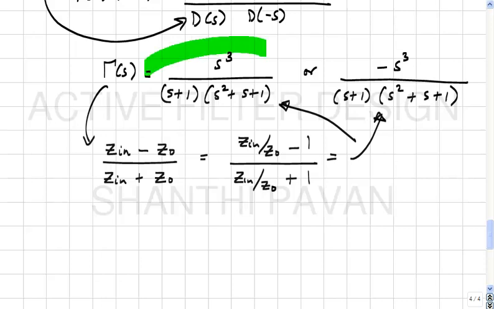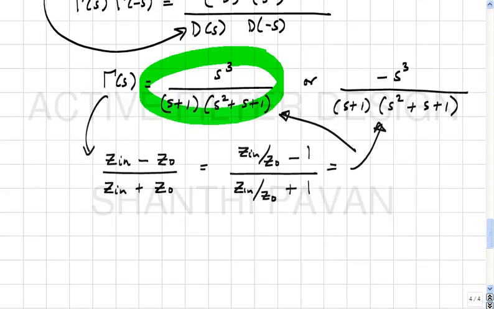Let me handle this case first. If Zn by Z0 minus 1 divided by Zn by Z0 plus 1 is given by that expression which has been circled in green, it follows that Zn by Z0 is 1 plus gamma by 1 minus gamma. You have gamma, please compute.